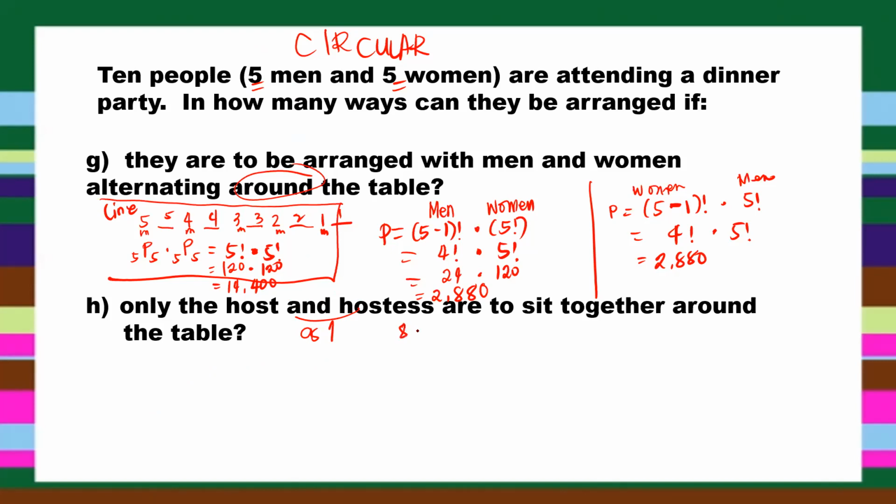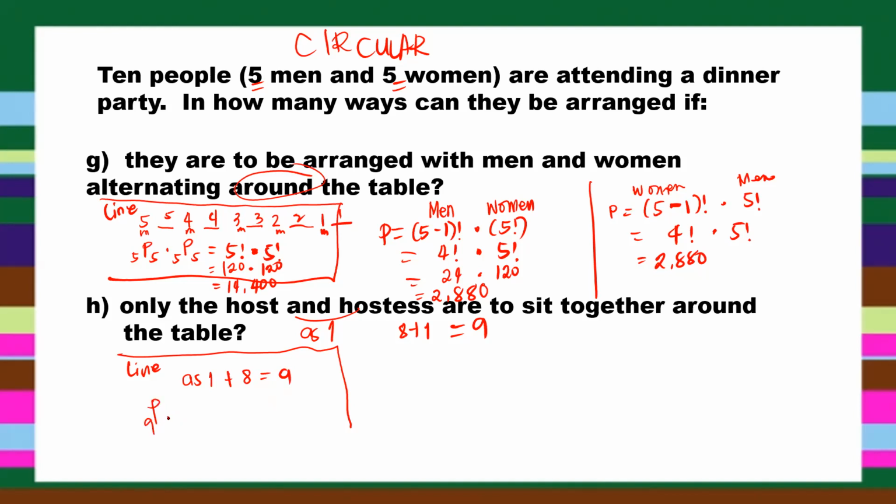So you have 8 plus 1, that's 9. Okay. Then, in a circular table, wait lang, balikan natin. What if it is arranged in a line? So if it is arranged in a line, all we have to do is to consider them as 1, plus natin yung 8 na natitira, that's 9 also.